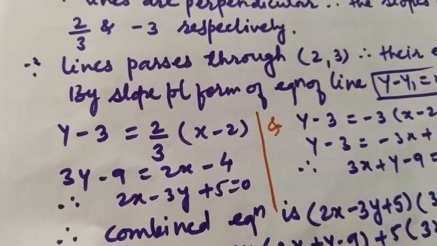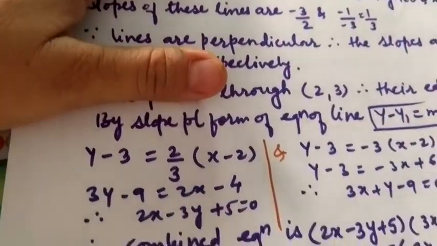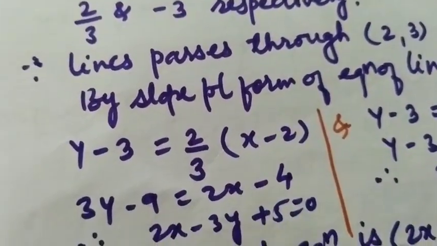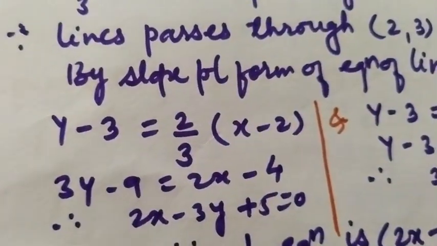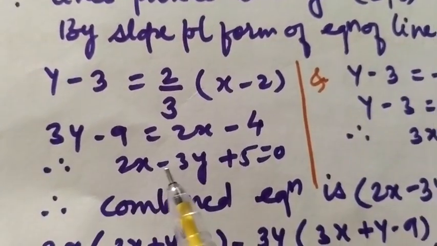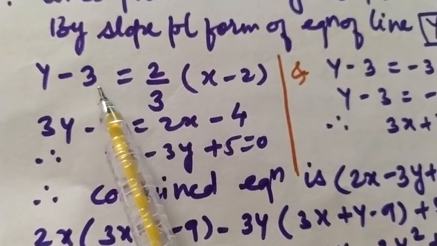Simplify this equation. 3y - 3 = 2/3 into (x - 2). Multiply the 3 with 3y and this 3.